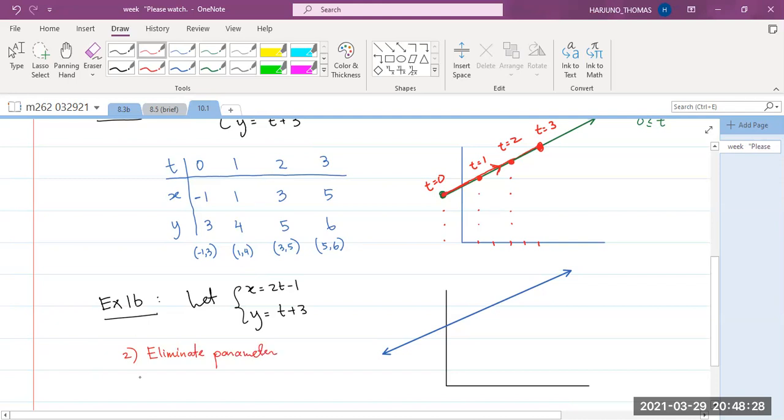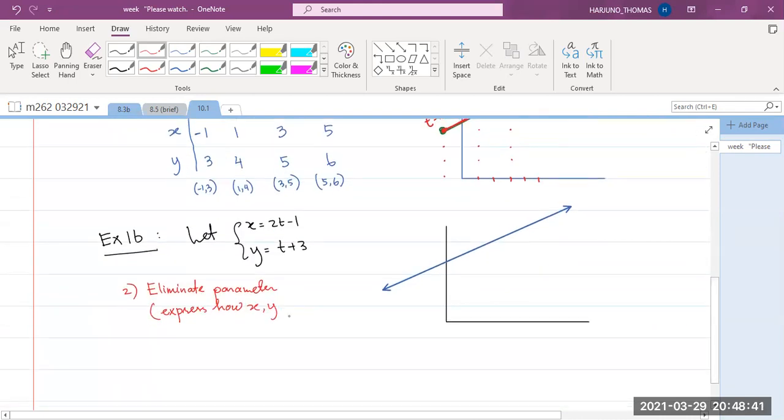In other words, we express how x and y are related in an equation without t.